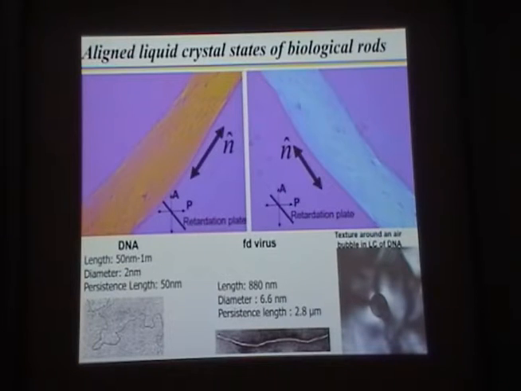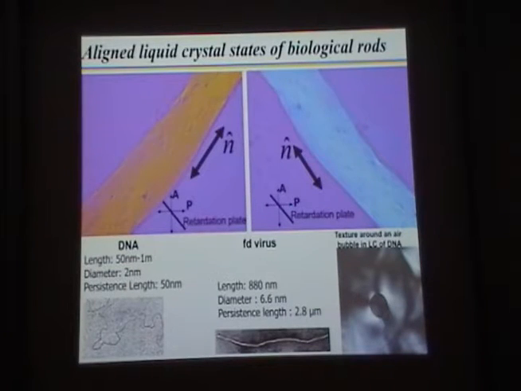Now, in here you can see an example of the ordered liquid crystal states formed by DNA molecules, but similar ones can also be formed, for example, by fd virus, which is nothing else but a rod that has a diameter of about 6.6 nanometers and a length of about 880 nanometers. Right? So it's a semi-rigid rod where you have RNA in the core and then some protein coat. That's it, basically, right?